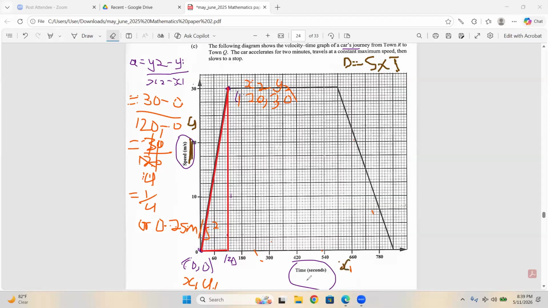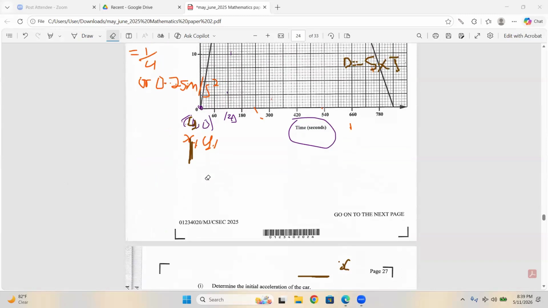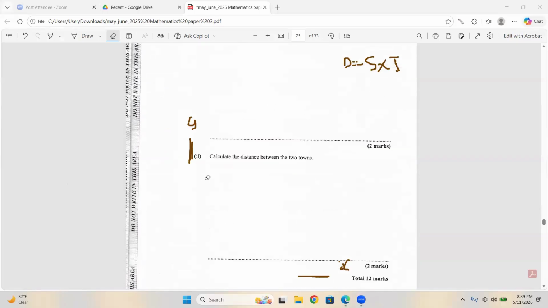The x-axis represents time. Finding an area normally requires you to take a length, multiply by breadth, and so on. So you will end up multiplying speed by time, because that's what you do when you use an area formula. Hence, finding the area of the trapezium or any other version, when I say version, I mean if you choose to do it in parts, you will be able to get the distance.